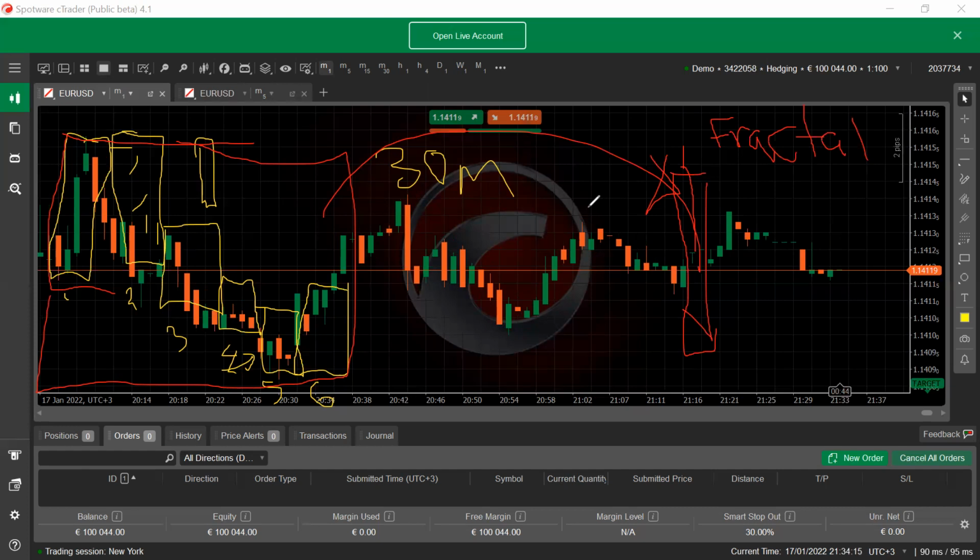If you freeze this on the 1 minute time frame, then you multiply this by 5, you'll find that the 5 minute time frame is doing the same thing. The 30 minutes is doing the same thing. The 1 hour is doing the same thing.